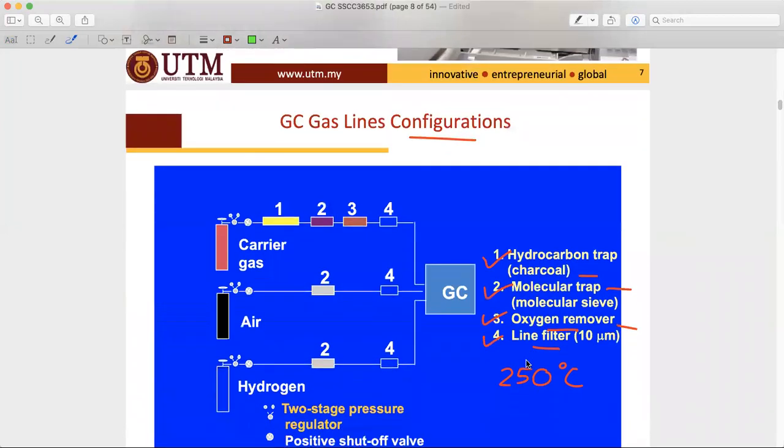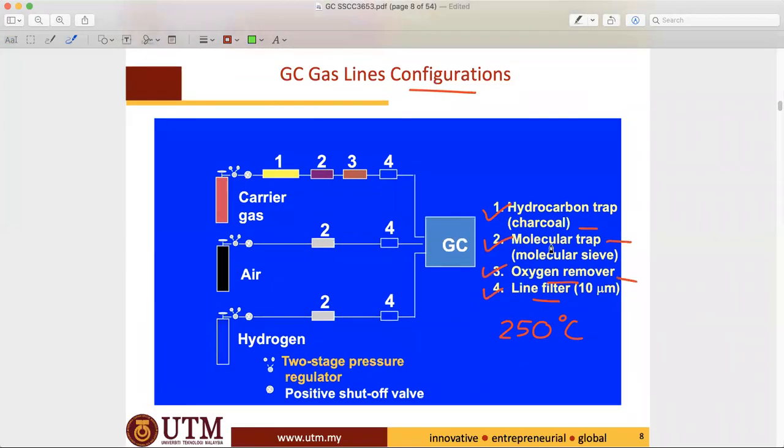We also covered the GC gas line configurations, where all of the gases are filtered using these traps, because we only want a pure gas going into the GC.